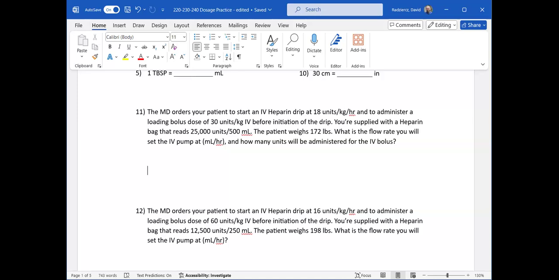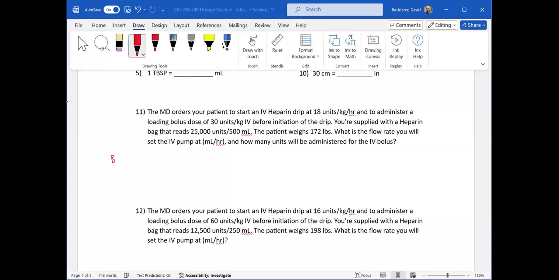Since it's asking for both these things. Oh, I'm sorry. Never mind. We would only really need to know the bolus dose if we were wanting to know how many milliliters of the bolus. So since it's just saying how many units, we can do that because we're just going to multiply our patient's weight in kilograms times 30 units, and we'll get the bolus information. So I'll start with the bolus because that's the one that's probably the most straightforward.